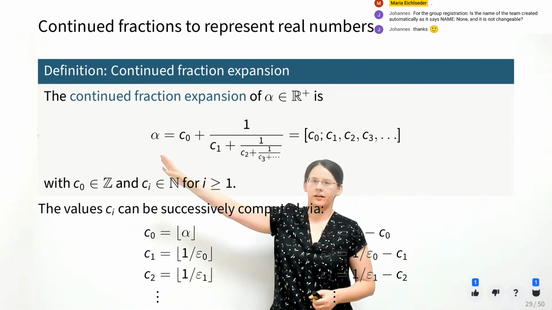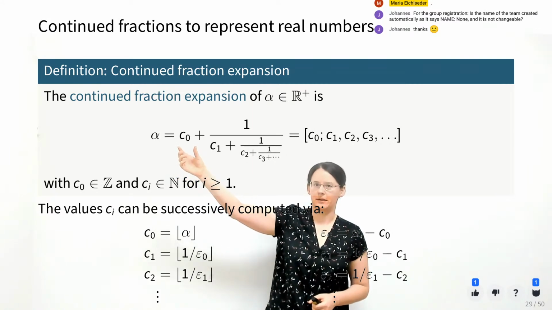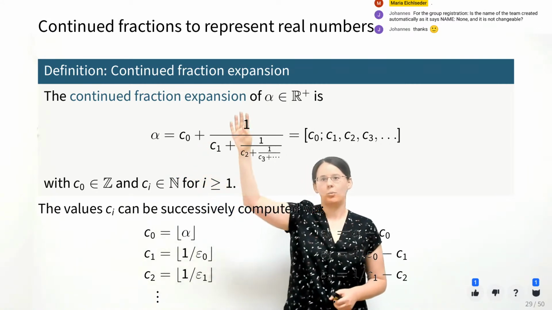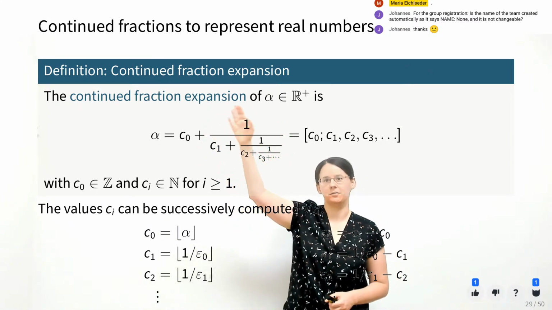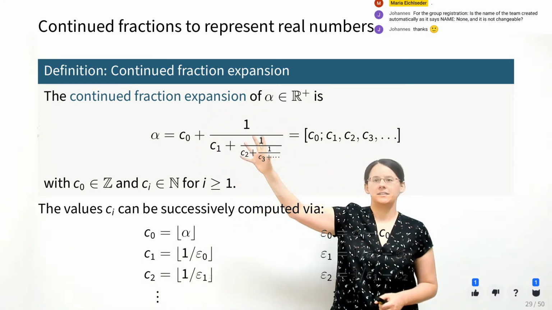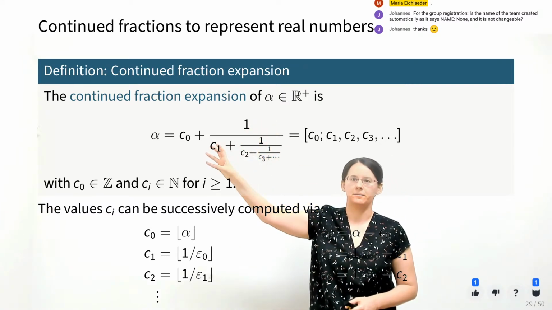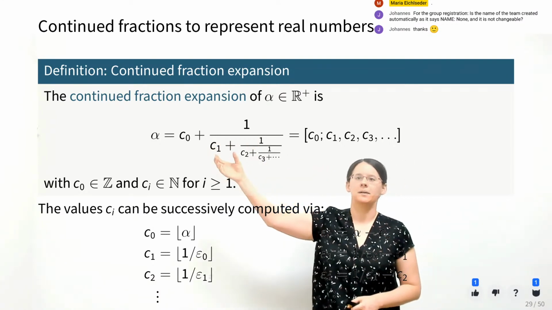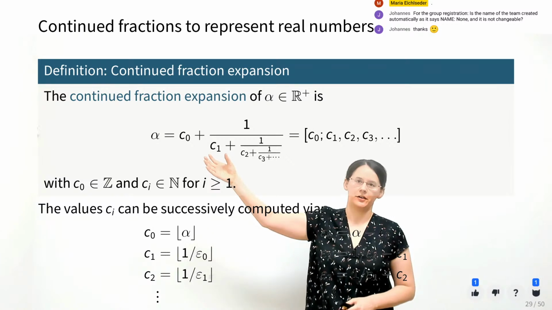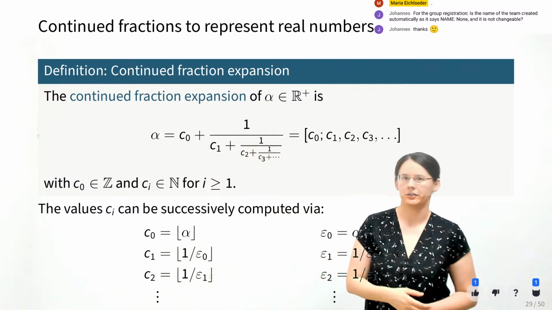It writes a number alpha as the integer part of this number plus 1 divided by something, such that this here is the fractional part of the number. And this is then recursively again written in the same decomposition. So the denominator here is written again as some integer part plus 1 divided by something that represents the fractional part.